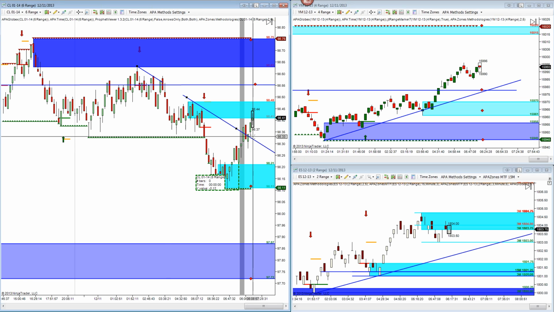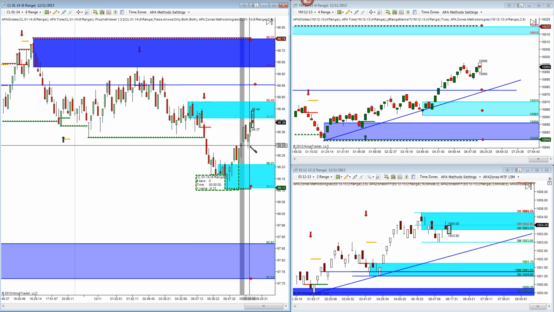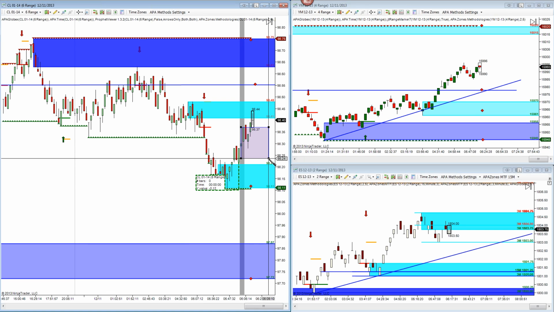Right, so it went through that trend line there. I would say that this is the opening range now too, from about right there all the way down to there. So we'll see what happens from that point on.